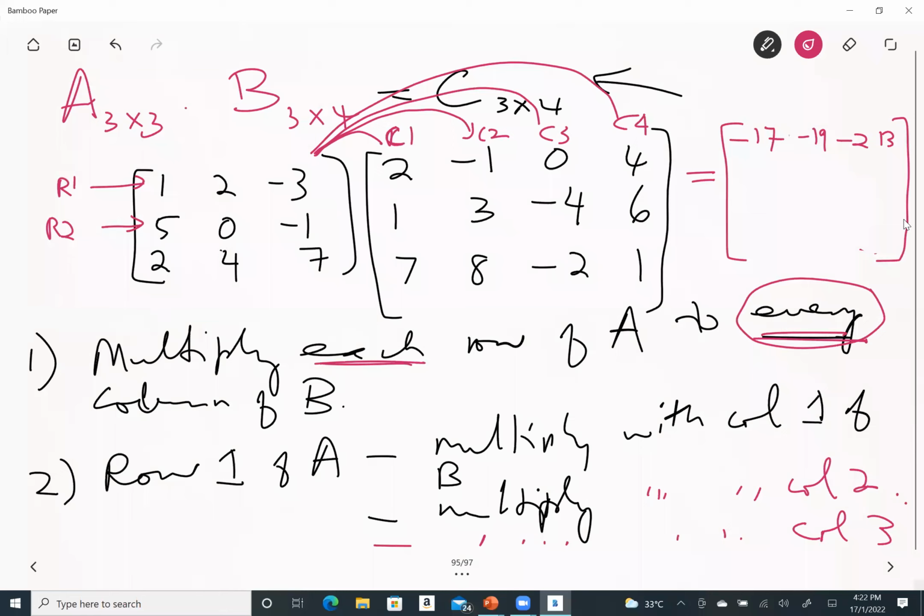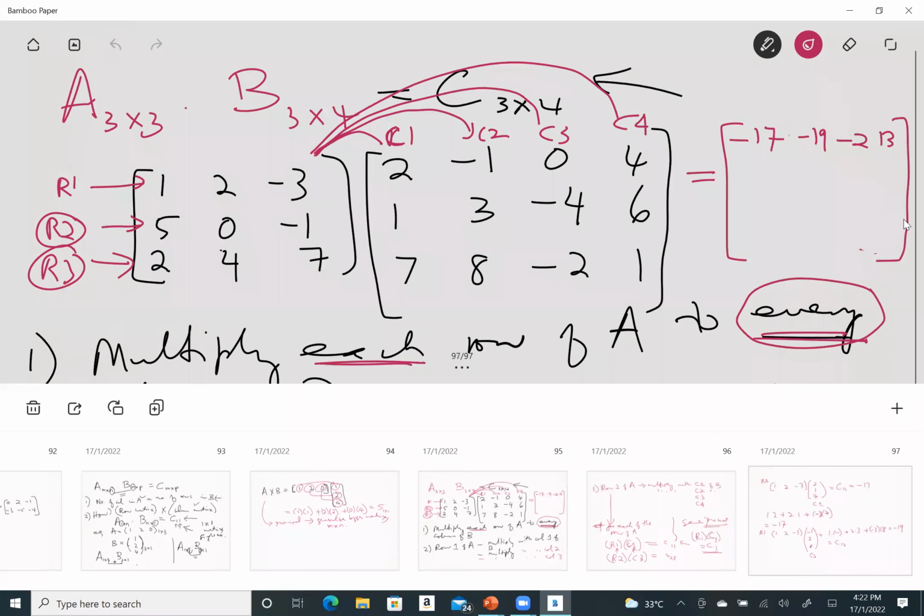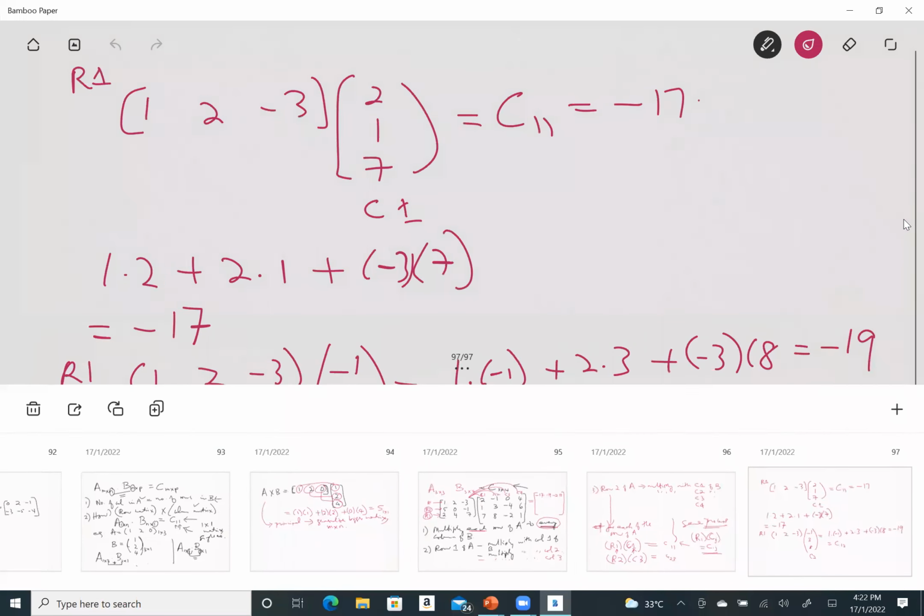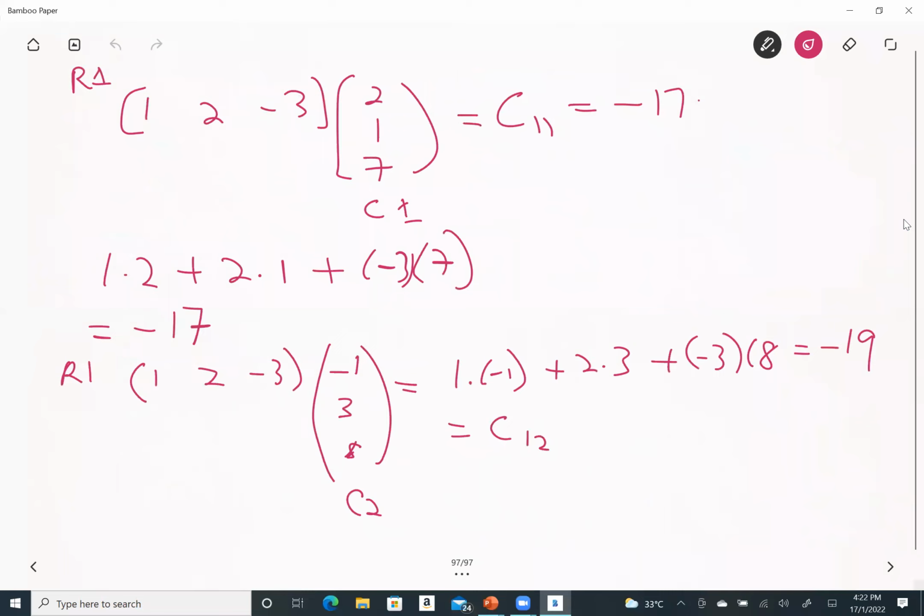Okay, so now you do row 2. If you have not done it, do it now. I want you to finish it up. So you have to multiply, repeat the process for row number 2, and then you go ahead with row 3.